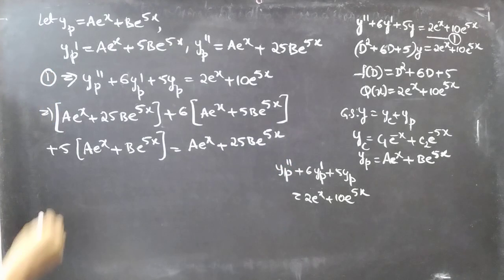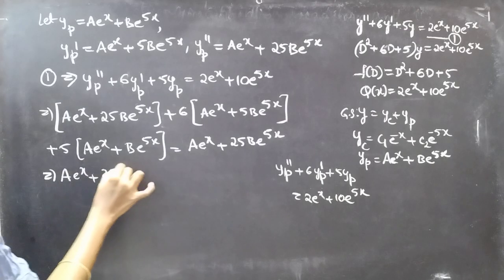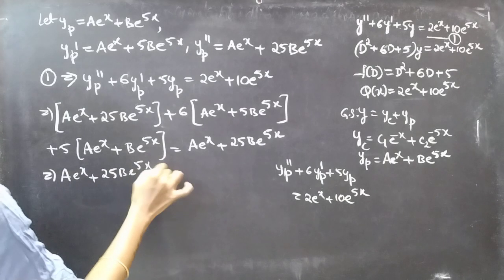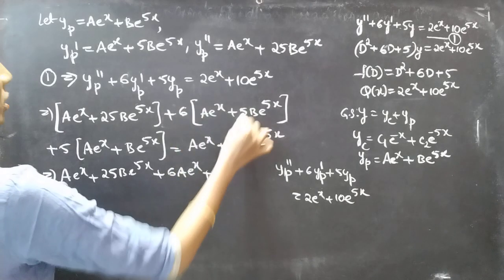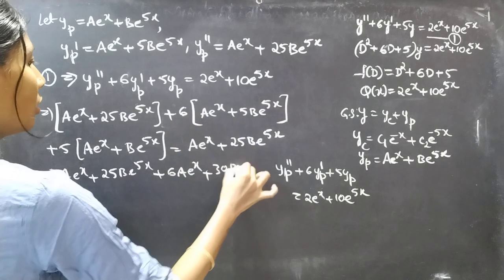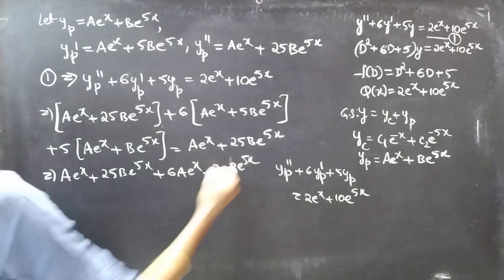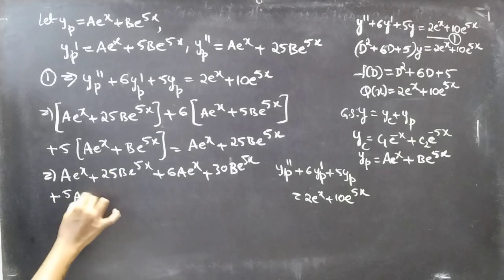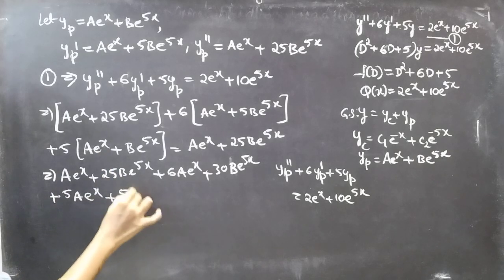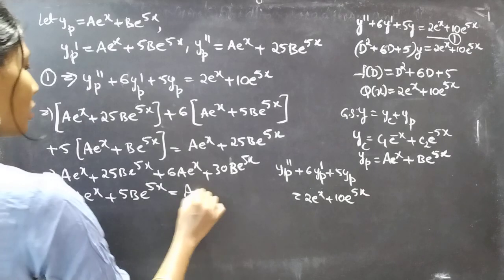Now simplify it. You'll get a e power x plus 25b e power 5x plus 6a e power x plus 30b e power 5x plus 5a e power x plus 5b e power 5x equal to the RHS part.